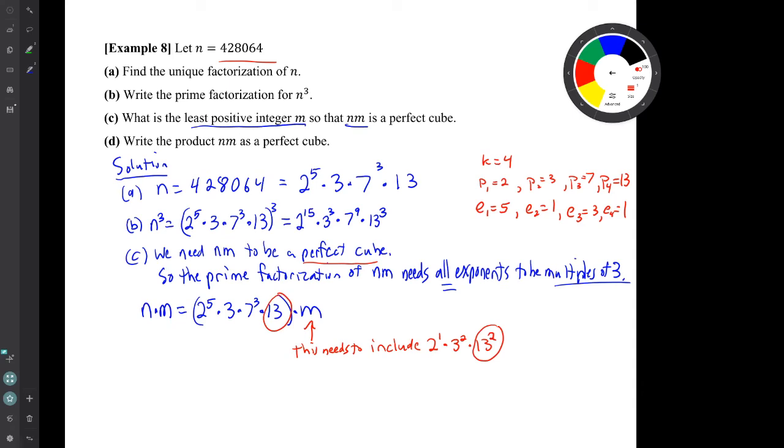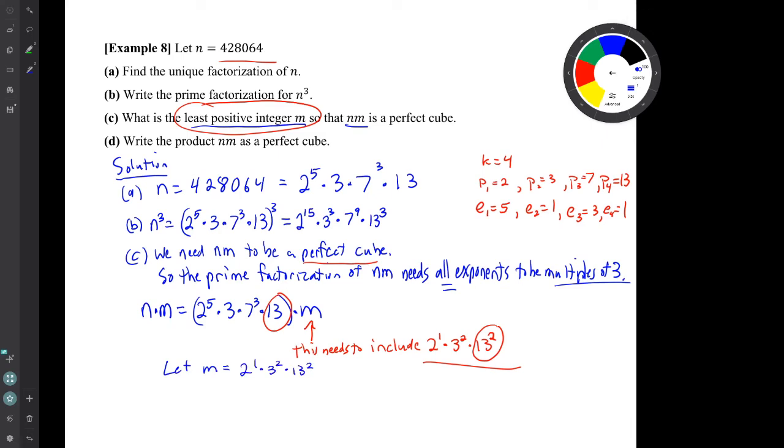Now, the factorization of m might have some other stuff in it as well, but wait a second, we want the least positive integer m. So let's have our positive integer m be the integer that just includes that stuff. So the idea is, let m be that stuff. Now, what number is that?